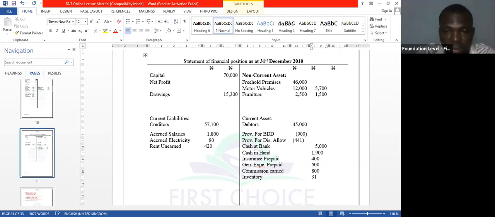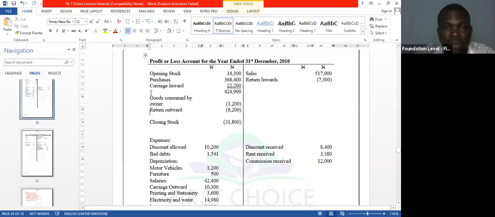So let's go back here. We have 424,900, the total goods that we have, but that's not the one that is sold, because we consumed part of it and we returned some as well. Once we deduct that, it gives us 417,500.